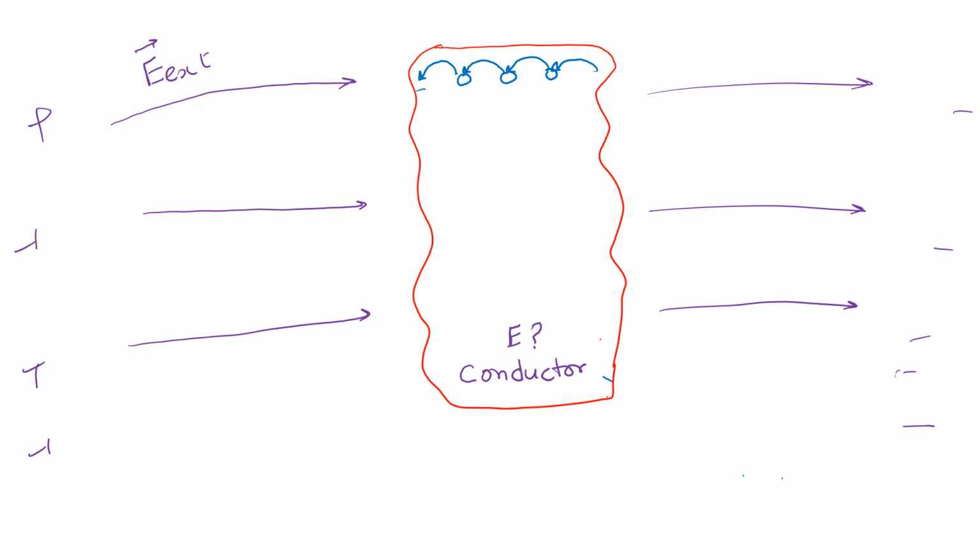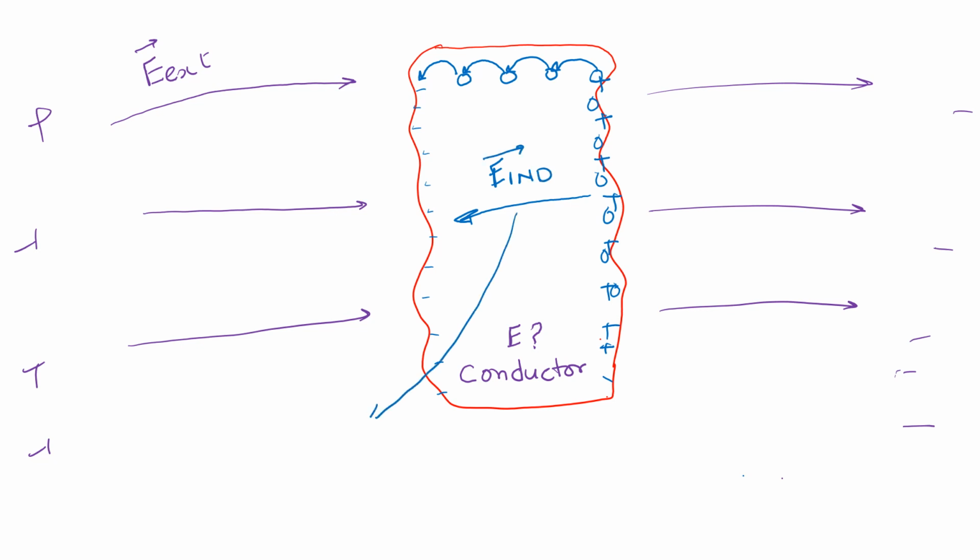And electrons will start gathering at one side, leaving the other side vacant. And thus on the other side, I would start collecting positive charges. What would happen is that I would create an induced electric field, E induced.